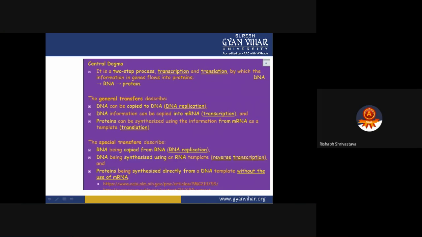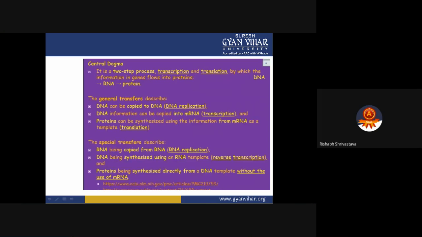There are certain special transfers described. Here, RNA can be copied from RNA. This is called RNA replication. You can also have DNA being synthesized using an RNA template, which is called reverse transcription. This is one of the methods that reverse transcription polymerase chain reaction uses in order to identify the number of viral particles in COVID-19 patients.